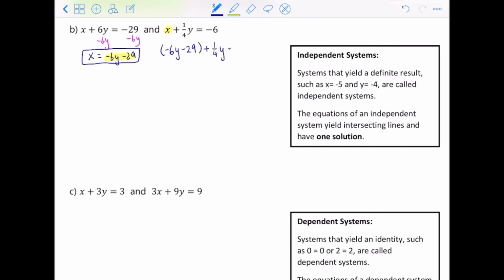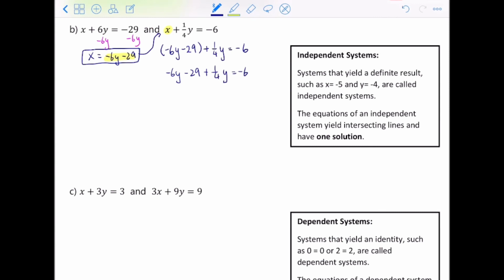4y equals negative 6. All right, so this time we don't have to expand anything, so I'm just going to get rid of the bracket, and then collect the like terms.